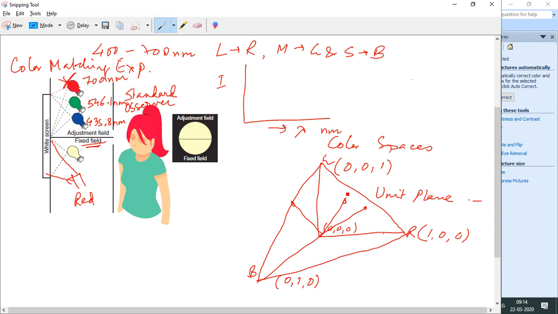Why? This particular triangle encloses the gamut of colors that is created by some combination or the maximum combination of R, G and B light, right? That means all these colors that the standard observer will be observing by changing the relative quantities of red, green and blue light can be obtained by drawing vectors from the origin onto this plane.